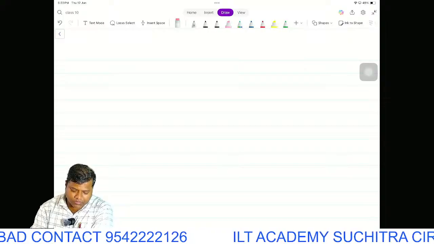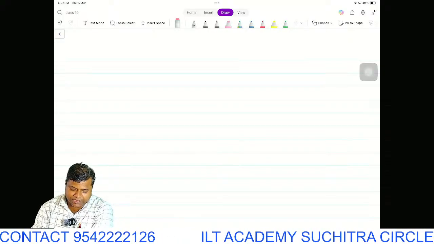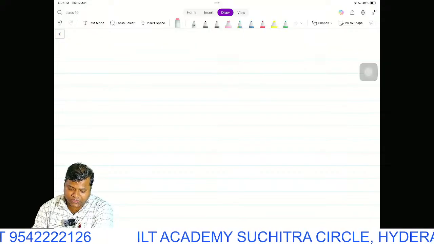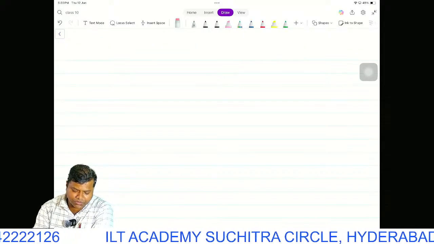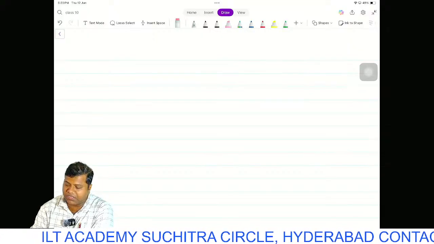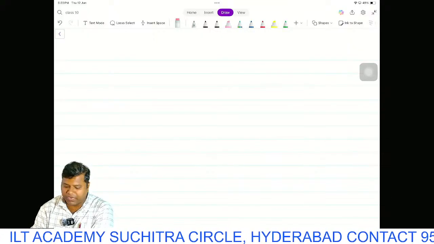Okay. What was the first question? If alpha, beta are the zeros of the polynomial x square minus (k plus 6) times x plus 2 times (2k minus 1), then find the value of k if alpha plus beta is given as alpha dot beta by 2, right?